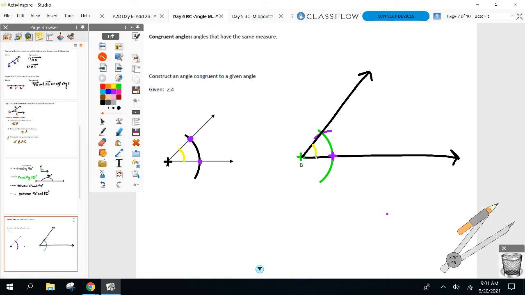This represents that two angles are congruent if I see arc marks. That's how I mark them congruent, with arc marks. Hash marks on segments, arc marks on angles.